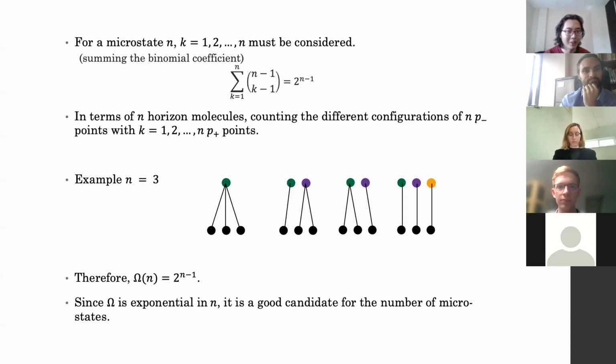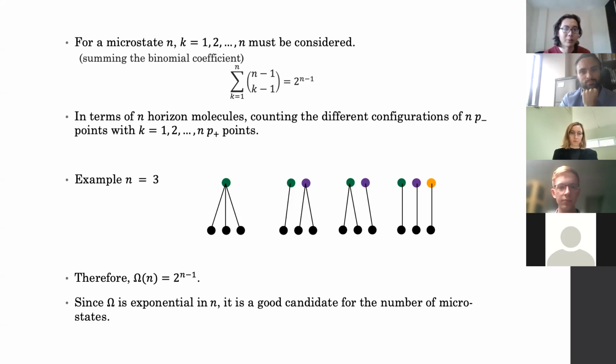So if there are n p minus points, the number of allowed p plus points ranges from 1 to n, and we must sum over all of those. You can see there's a summation here, from 1 p plus point all the way to n p plus points.